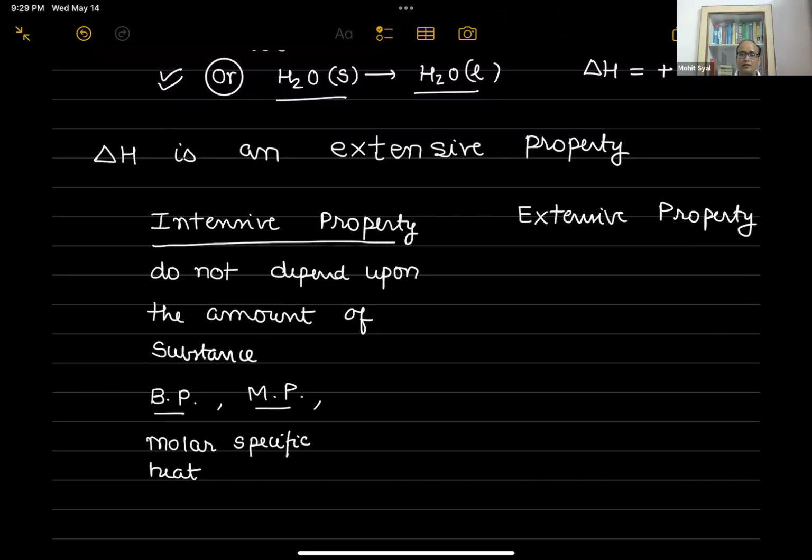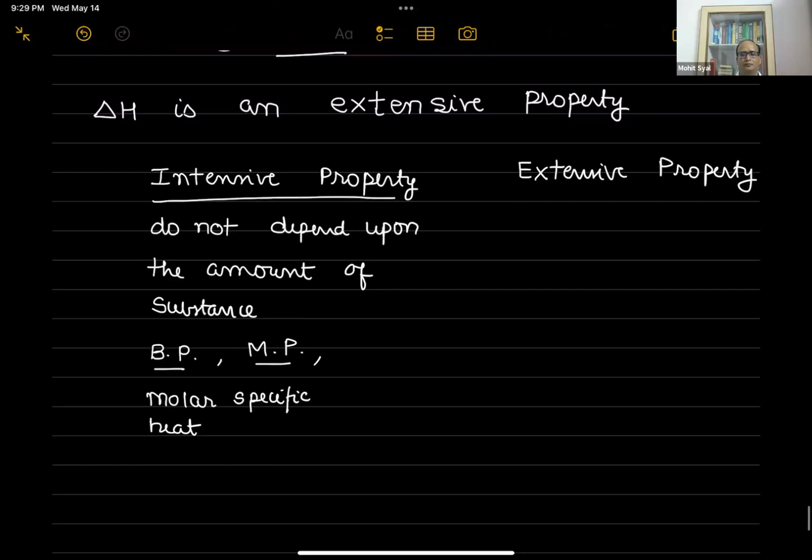If I say molar heat capacity, that is for 1 mole. That will be the same for any amount, because you are actually calculating it for 1 mole.